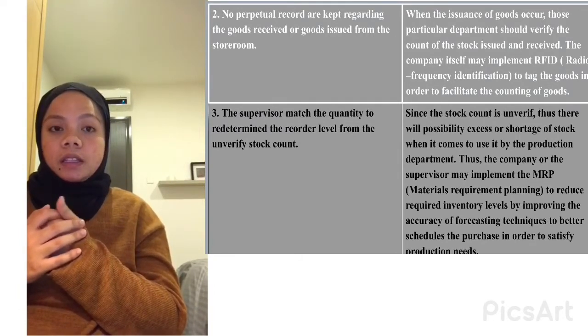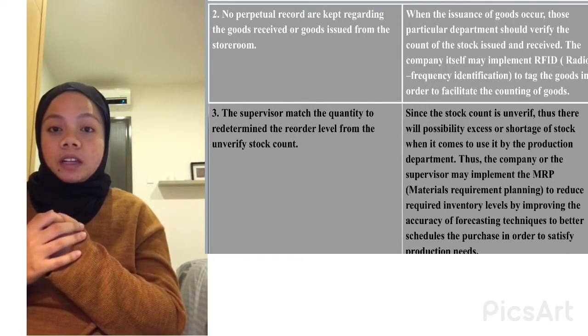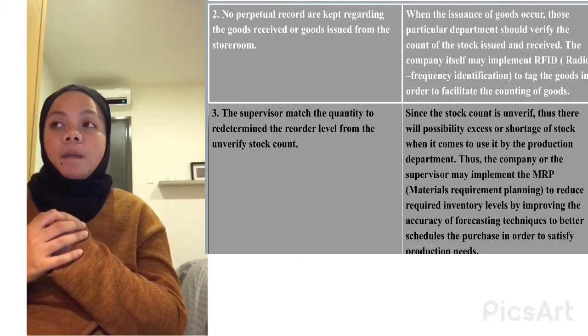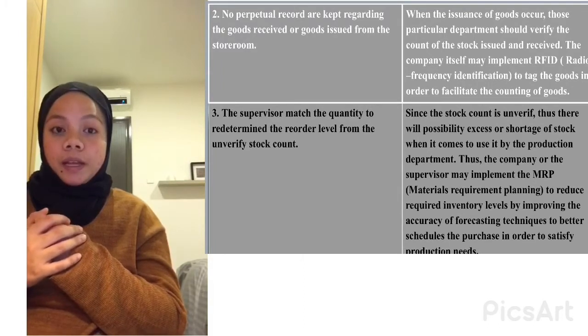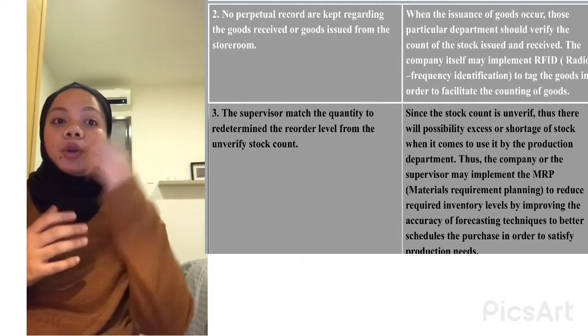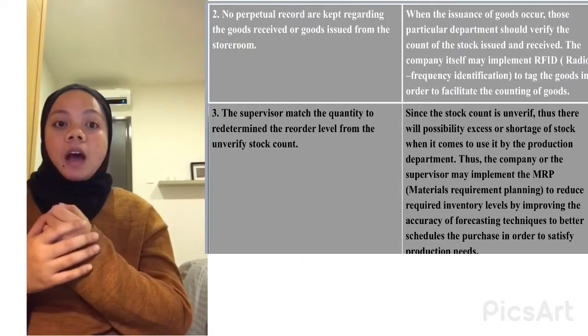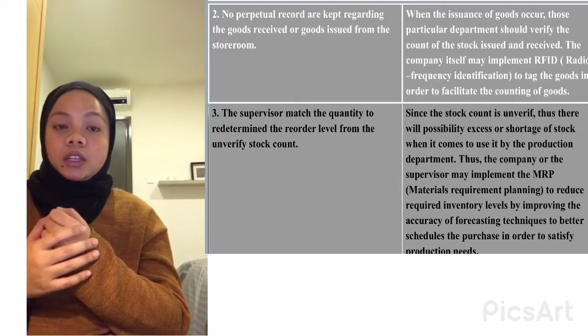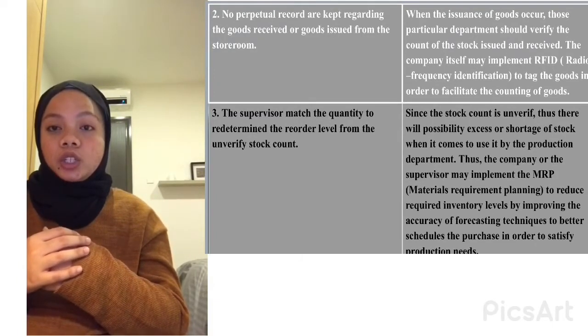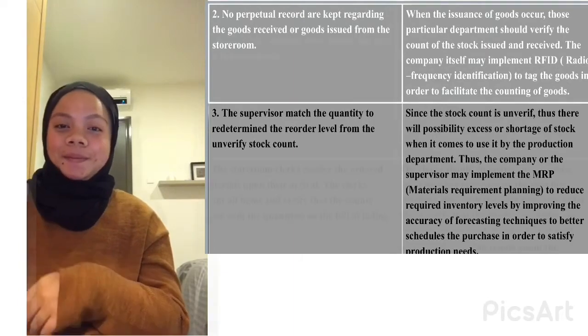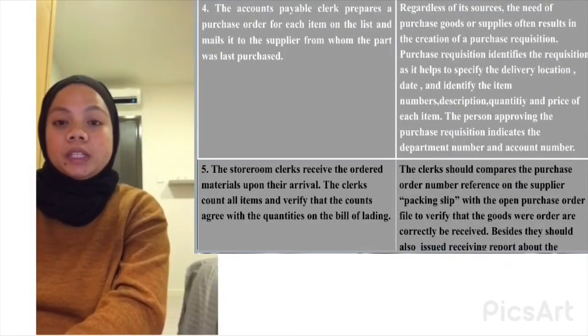Thus, the company or the supervisor itself may implement MRP, which stands for Materials Requirement Planning, to reduce required inventory levels by improving the accuracy of forecasting techniques to better schedule the purchases in order to satisfy the production needs. Let's move to the fourth weakness made by Alvin.